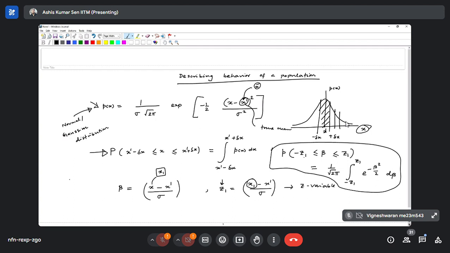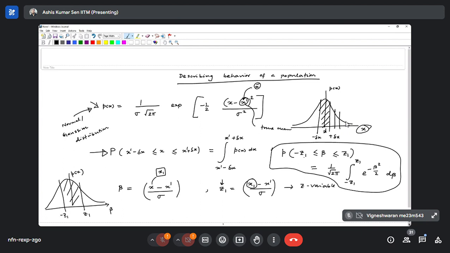So the new characteristic curve becomes, so you have p(x), and instead of x you have beta. So you can say what is the probability that data is going to lie between minus z1 to plus z1.